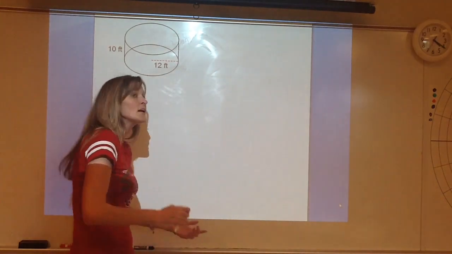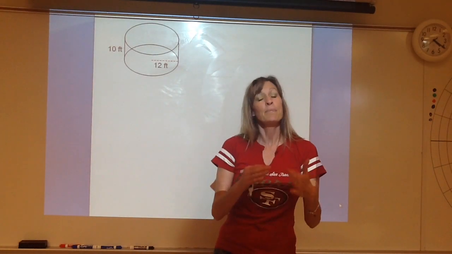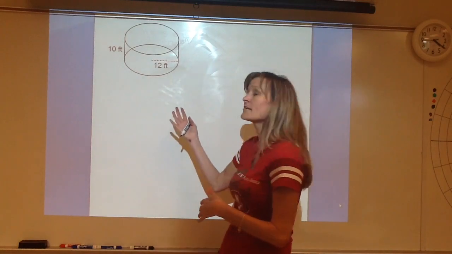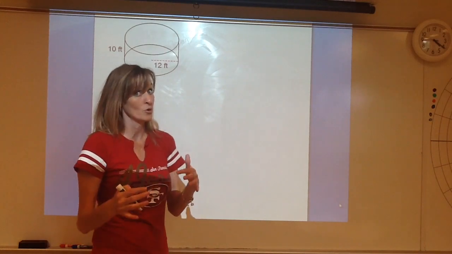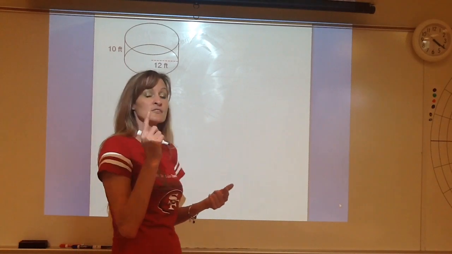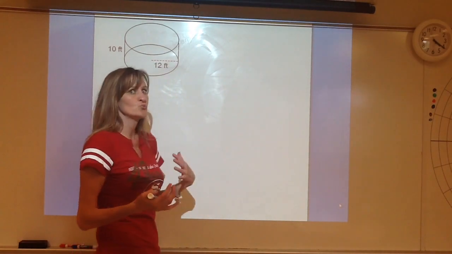So it's really the same formula, 2 times the area of the base plus the perimeter times the height. But the perimeter of a circle is called circumference. So it really is the same formula, but because we don't call the circumference of a circle perimeter, it looks different, but it's really not.